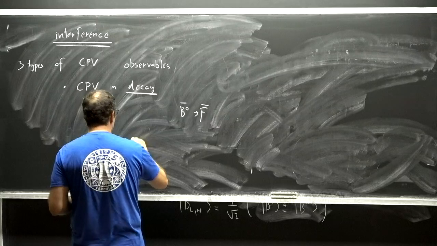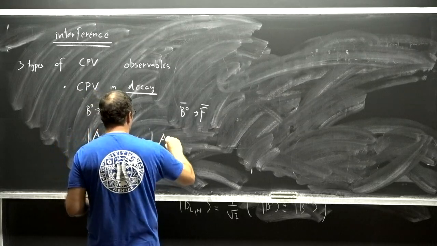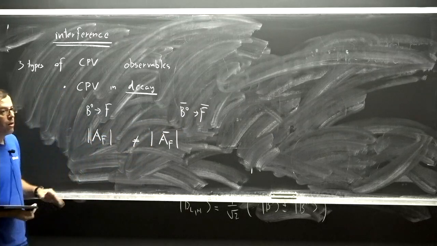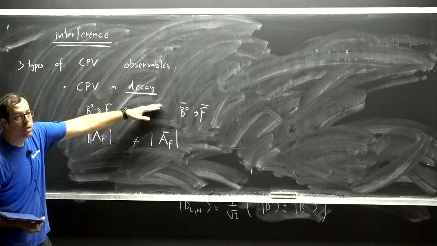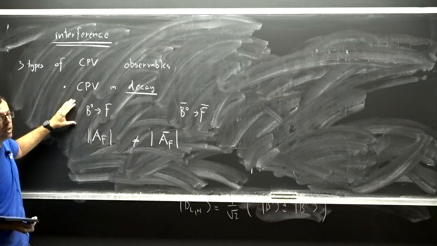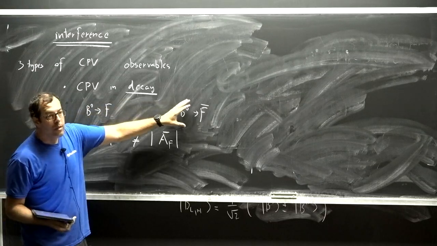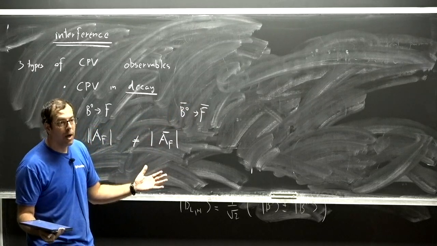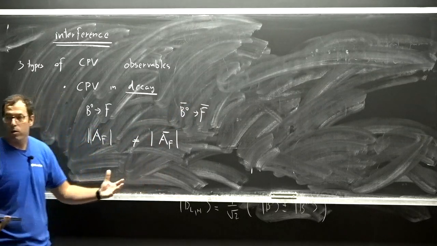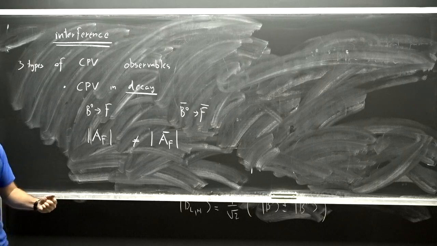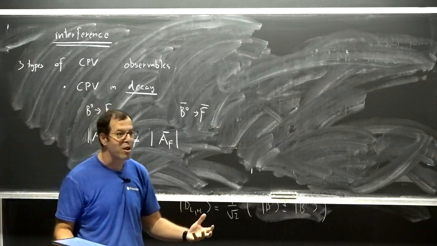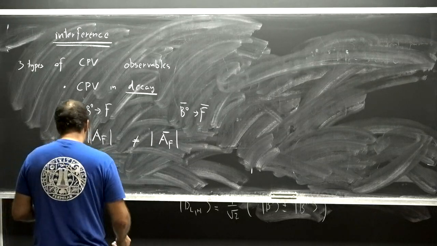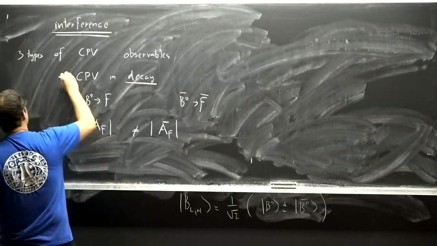If this rate is different than for the B0 bar to F bar, so these are CP conjugate to each other, so I take one rate and the CP conjugated process, if the rates are not the same, I have CP violation. So it's like the most naive, or the gut feeling, that's the CP violation. No, that's how I measure CP violation. All right, so that's the first one.